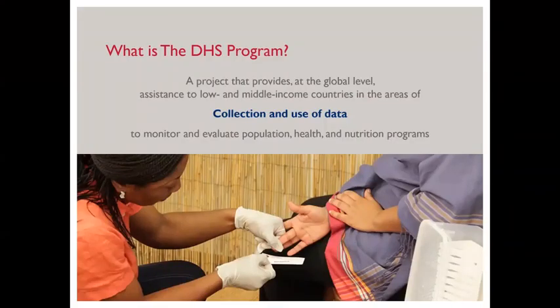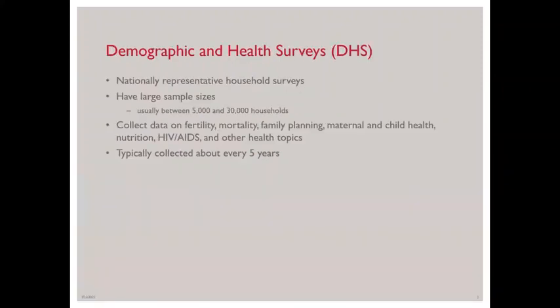To give you a brief background, the DHS program is funded by the United States Agency for International Development to provide technical assistance in the collection and use of data. The DHS program provides nationally representative data to monitor and evaluate population, health, and nutrition programs. The DHS program is most widely known for the demographic and health surveys.